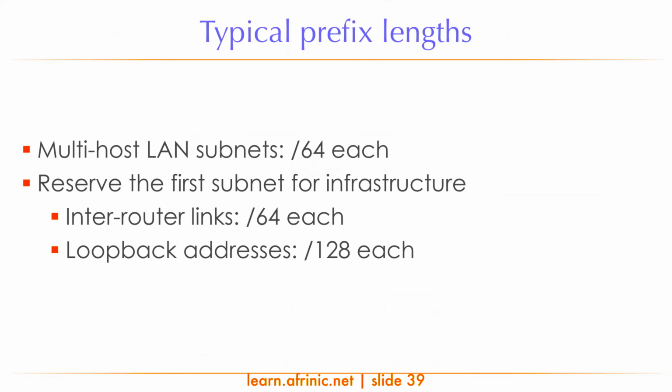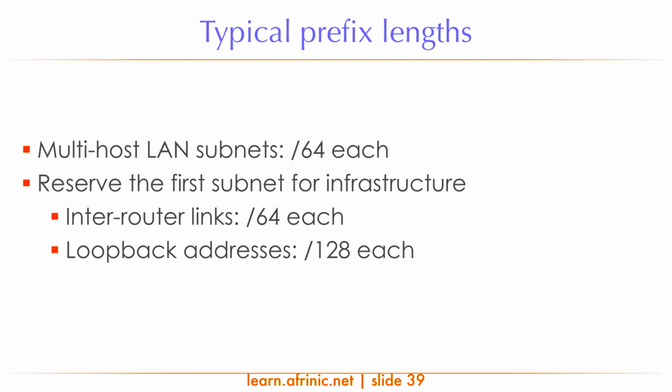We have two mechanisms, SLAAC, which is used to give out addresses, and DHCPv6. The interface identifier is the last 64 bits. If you go past the /64, you're going to interfere with that and things will break.